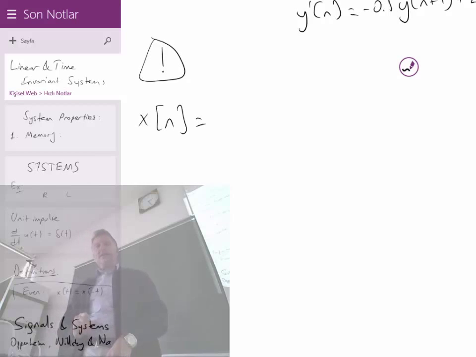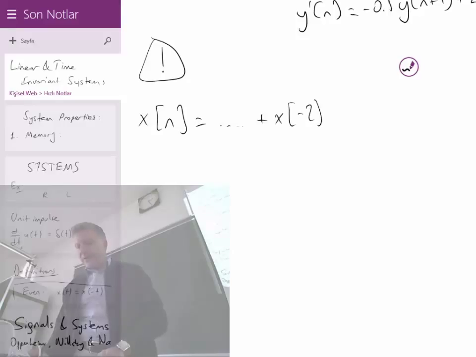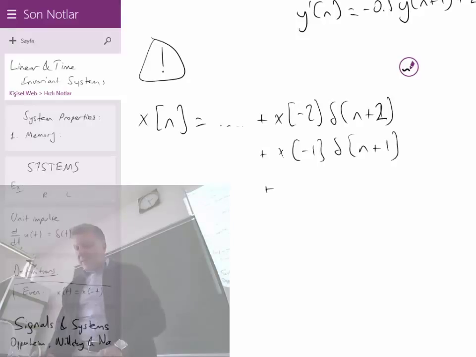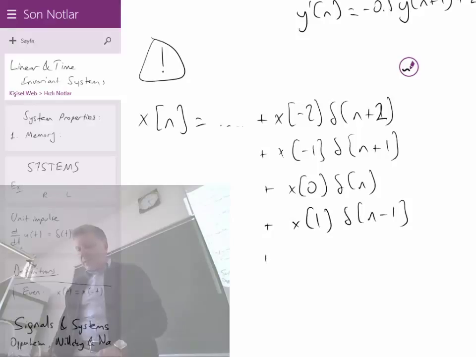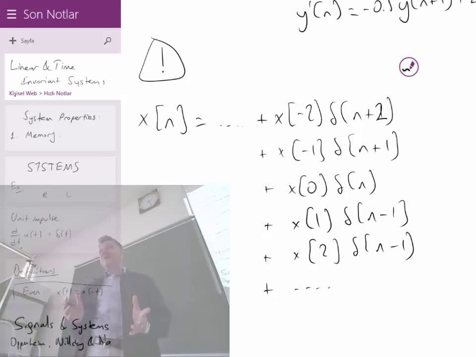Any x of n is equal to ... plus x of minus 2 times delta n plus 2 plus x of minus 1 delta n plus 1 plus x of 0 delta n plus x of 1 delta n minus 1 plus x of 2 delta n minus 2 plus ... As simple as that.